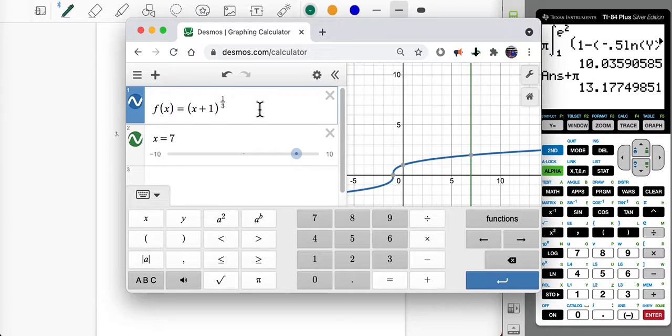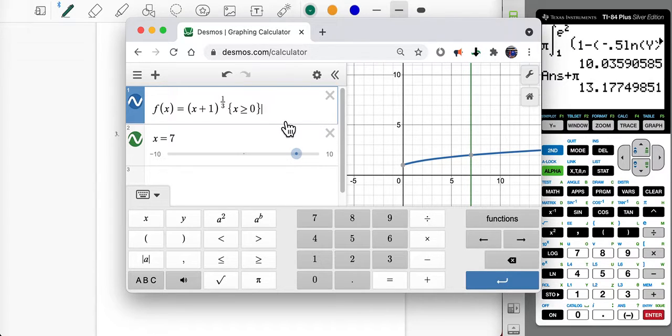What we can do is restrict our domain by inserting some squiggly brackets and state the domain, and that domain would be that x is greater than or equal to 0. So I type in a greater than immediately followed by an equals, but if you go to the keyboard you see a greater than or equal to symbol there. And then put in the 0, and you can see that your domain has been restricted.